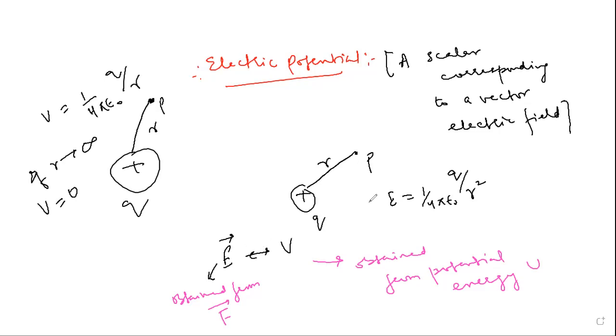So we'll continue this topic today. So if V and E are related, there must be some relation. That means if V is given, it must be possible to calculate it. And reverse also. If E is given, we should be able to calculate V from that.